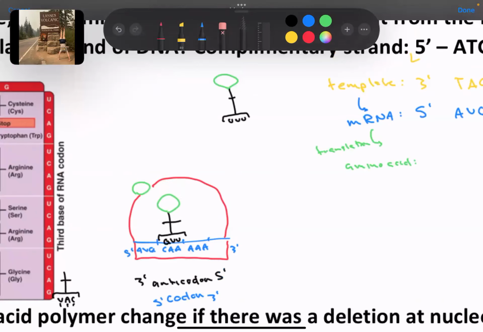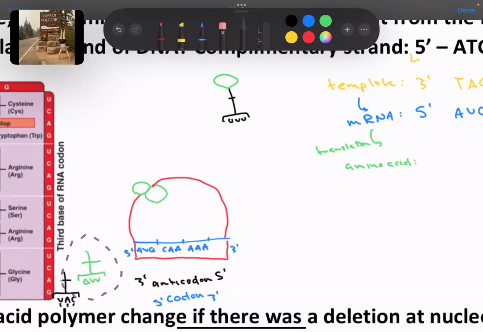because, you know, GUU is complementary to CAA, and then once again it is going to detach from its amino acid, and then it is also going to migrate away.